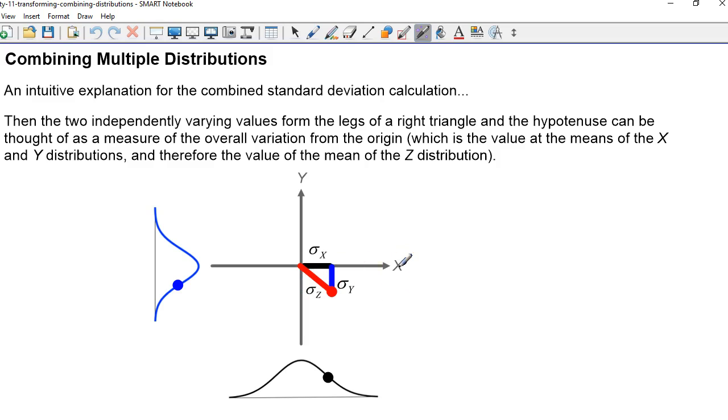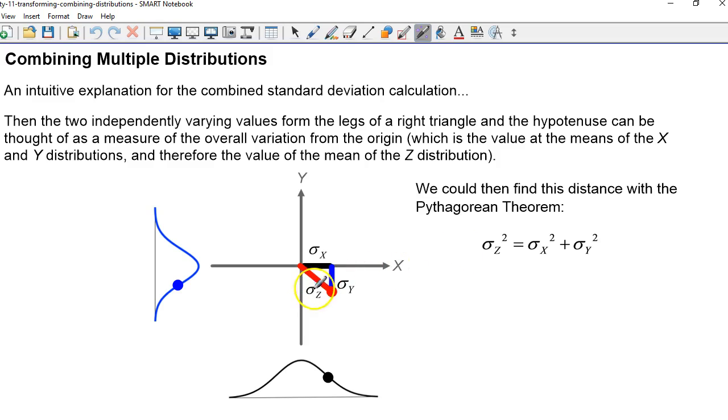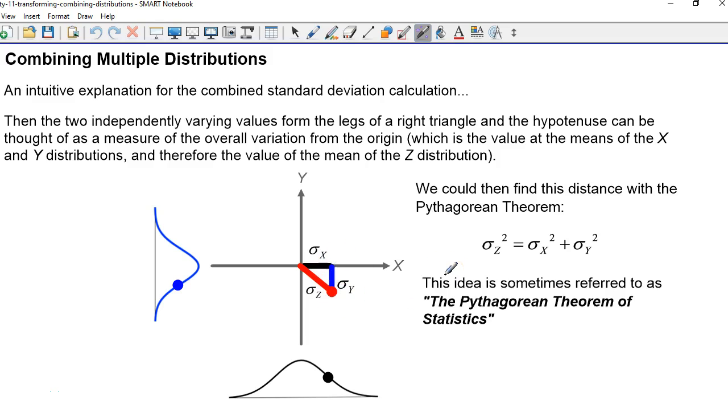Right, and therefore the mean of that, right? So we could find this hypotenuse just with the Pythagorean theorem, right? The standard deviation squared for z would just be equal to the standard deviation squared for x plus the standard deviation squared for y. Okay, so this idea is sometimes referred to as the Pythagorean theorem of statistics, right?